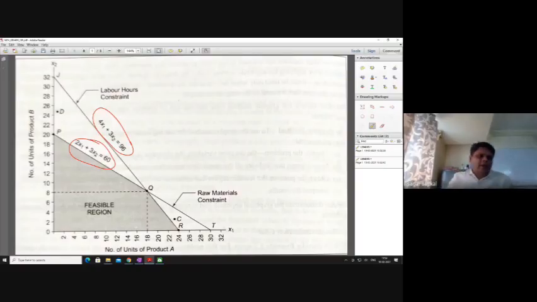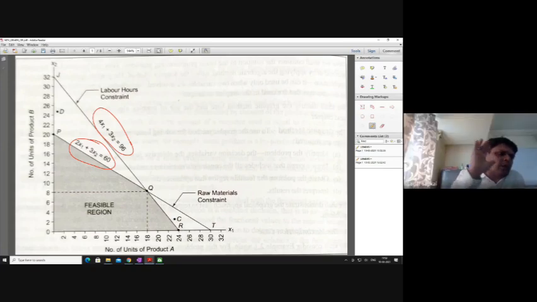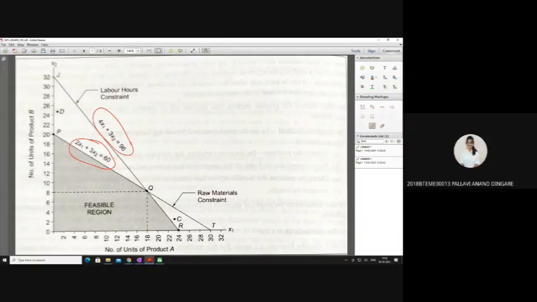Now you see that this is a case of maximization or minimization? Maximization. And what are the original constraints, less than or equal to or greater than or equal to?